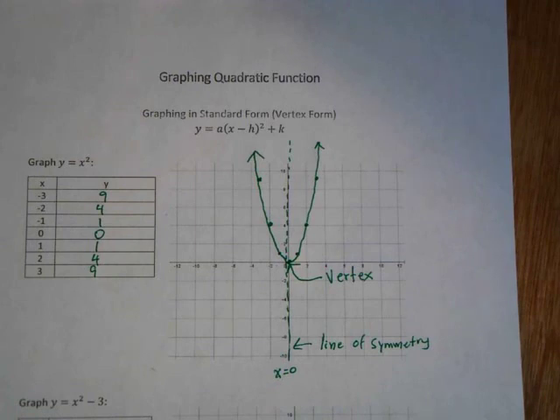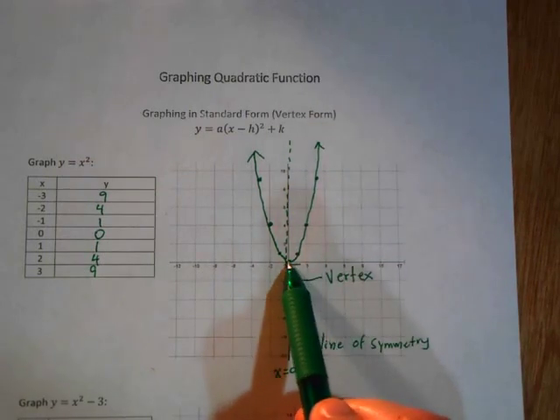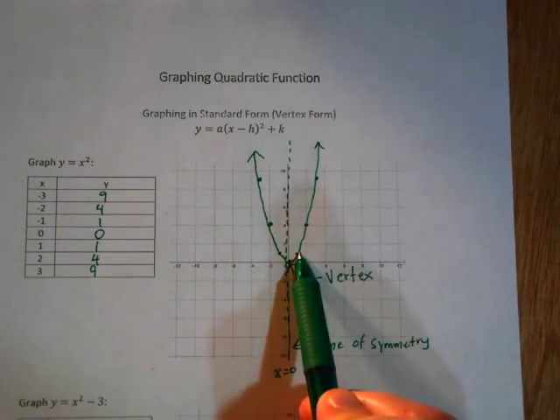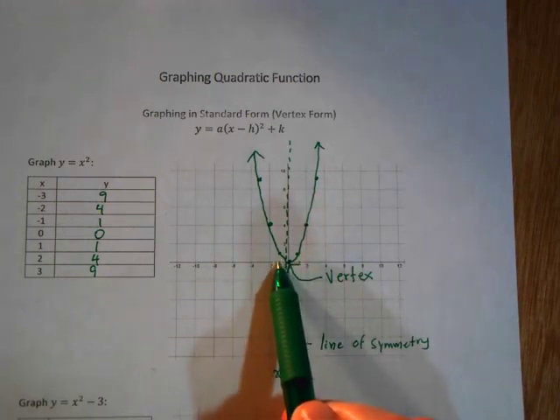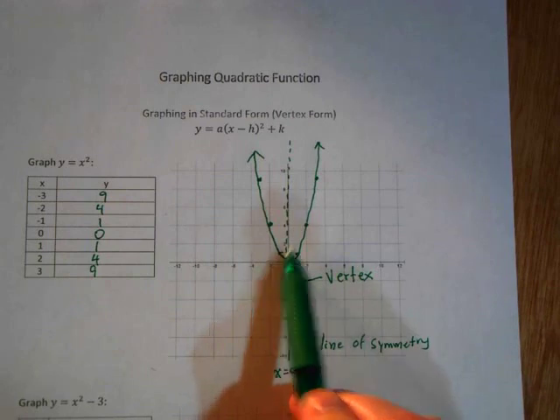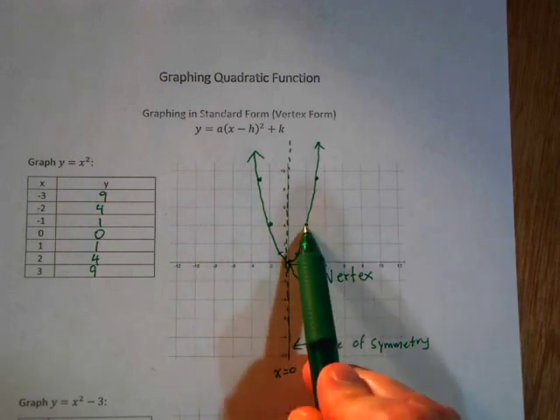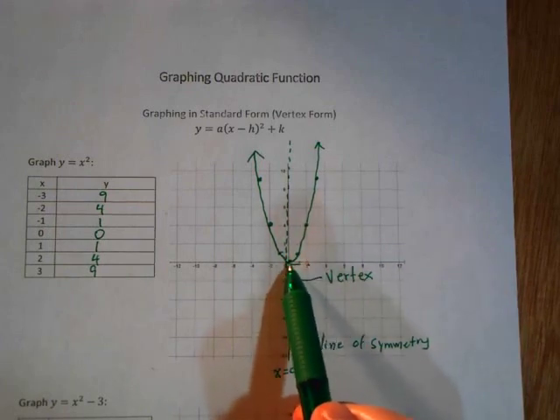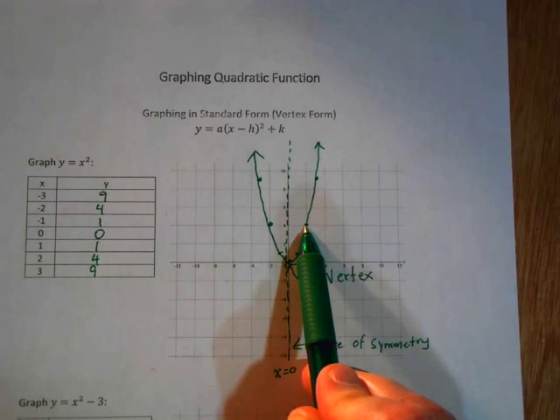The other thing I want to point out is notice the symmetry here. If I went one step from the vertex, my y value was 1. If I went one step from the vertex on this side, my y value was 1. If I went 2 steps to the right, I got y as 4.